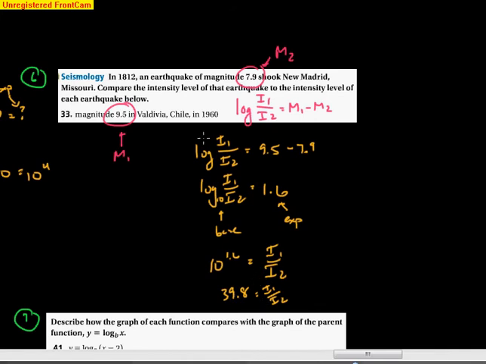So what this is telling you is comparing the earthquake in Chile to the earthquake in Missouri, the earthquake in Chile was 39.8 times more intense. Okay?